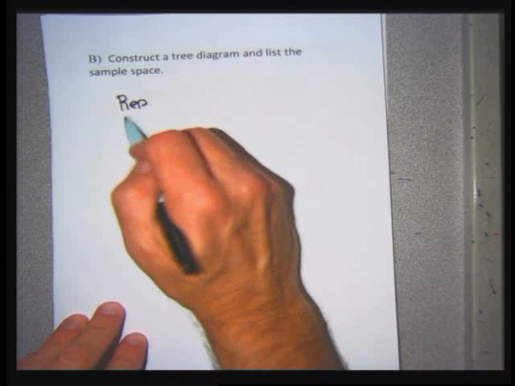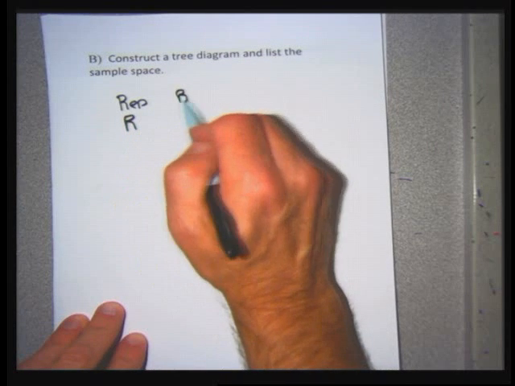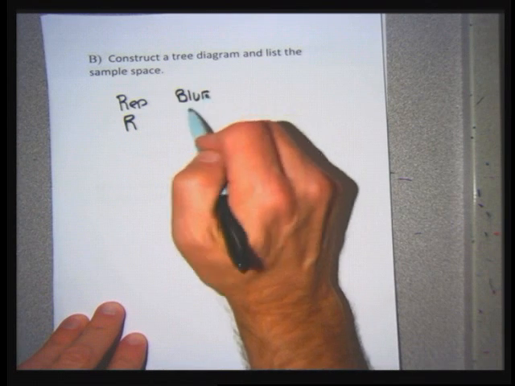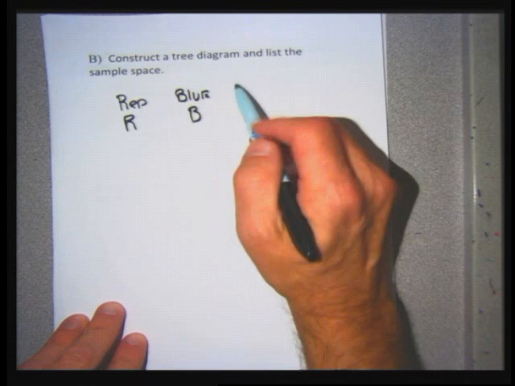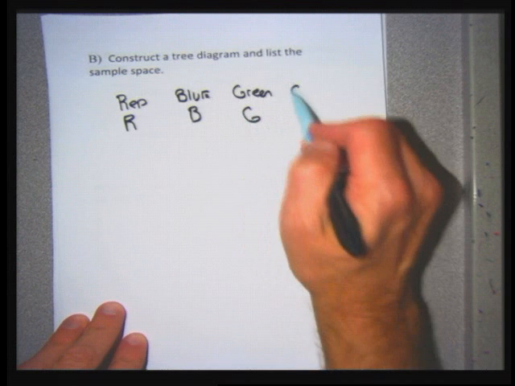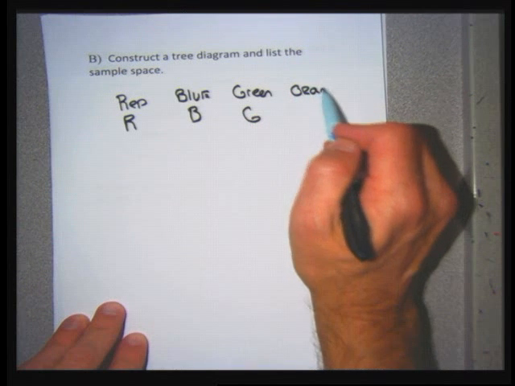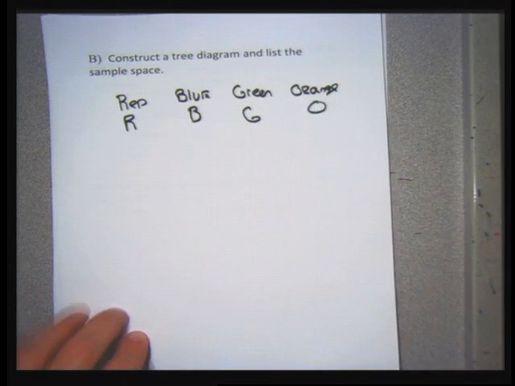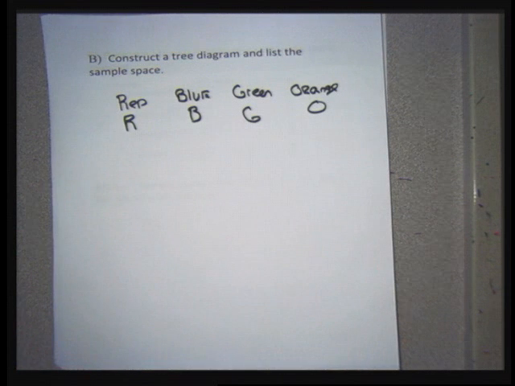I'm going to call red R. I'm going to call blue B. Imagine that. Green G, and then orange I'm going to call O. So I'm going to make a tree diagram to illustrate what can happen. So picking a ball, not putting it back, and then picking another ball.